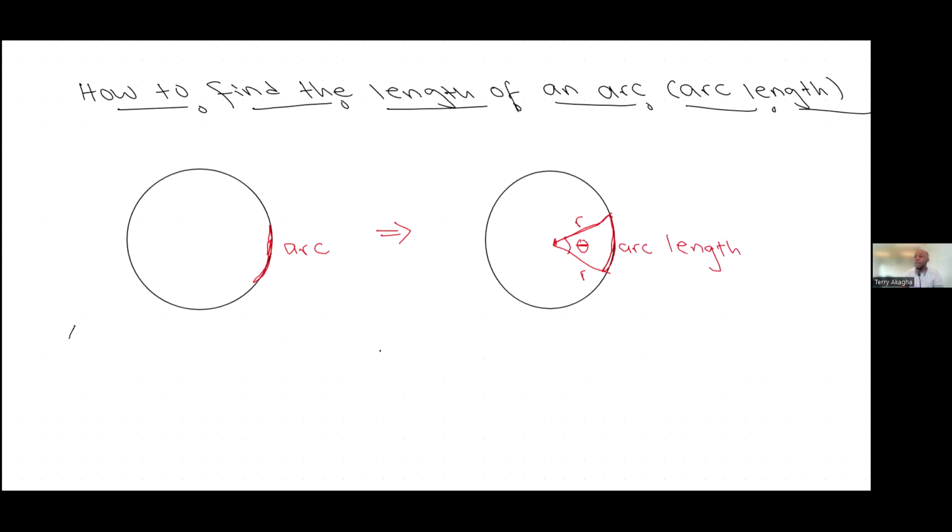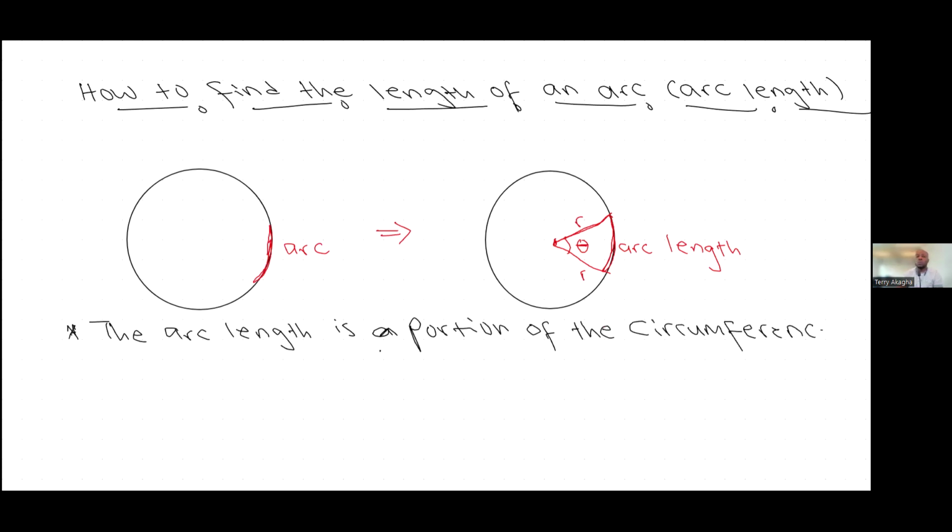Basically, the arc length is a portion of the circumference of the circle.